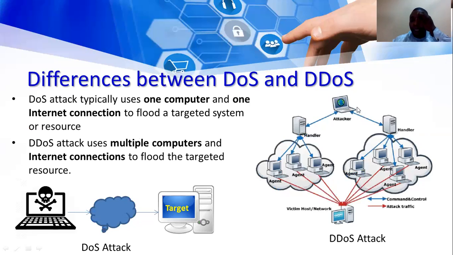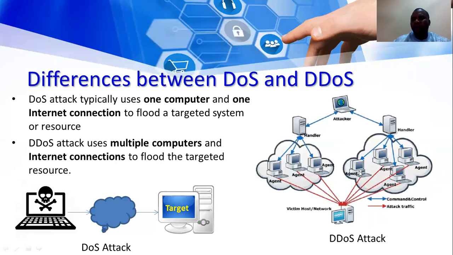We have the attackers at the top of the tree, or the network, and they are controlling the handlers. These handlers are manipulating their slaves, which we call reflectors. Look at them: agent 1, agent 2, and so on. We have different agents which are responding to the command, so the command and control center is being created. This command and control center receives commands from the attackers and sends them to the reflectors.